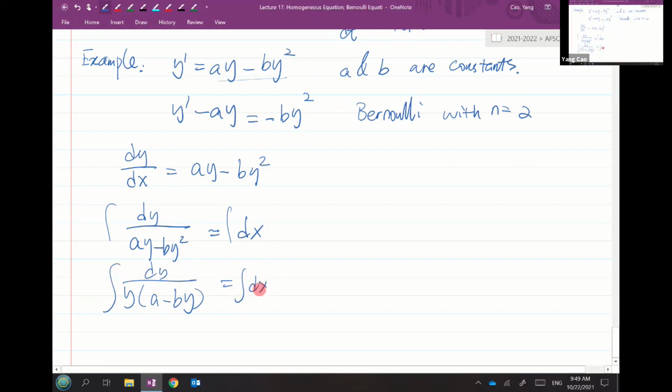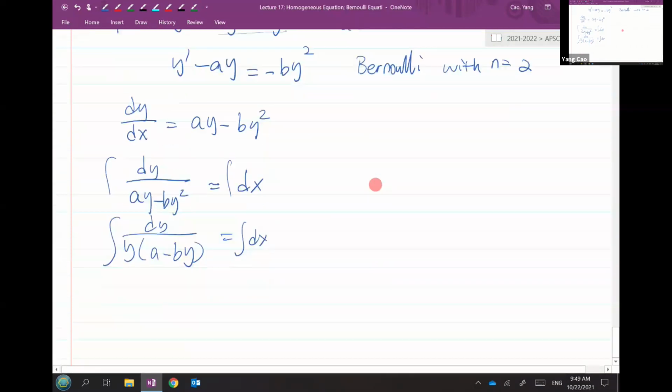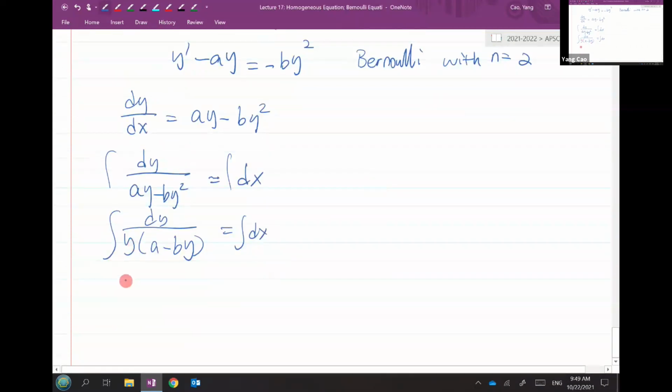If you recall, when you have an integration in this format, it's a fraction and the bottom is a multiplication of two factors, there's a technique called, what's the proper name of that? Partial fractions. You basically expand the expression into two fractions. Does that look familiar to you?